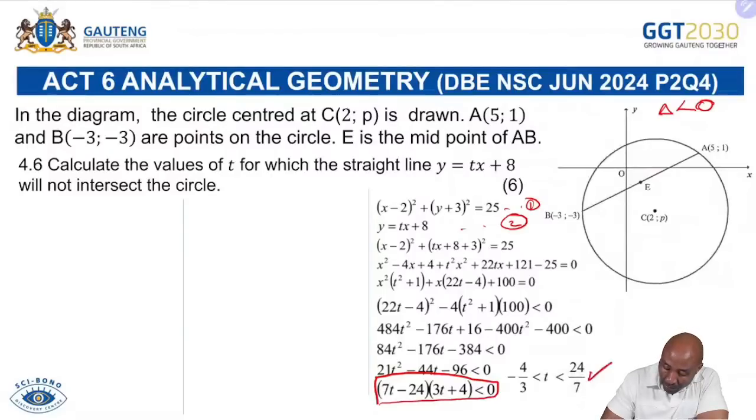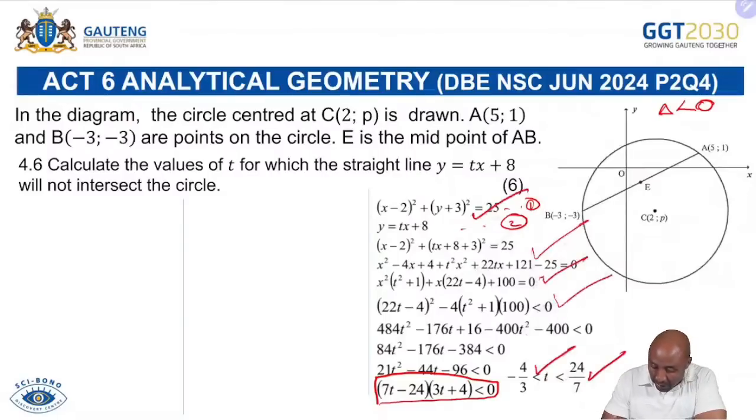We get our 6 marks there. Now, substituting, getting our standard equation, knowing the use of delta, that our delta should be less than 0, and getting our critical values, and we should get our 6 marks.